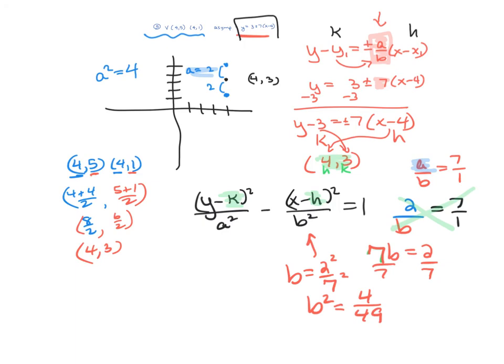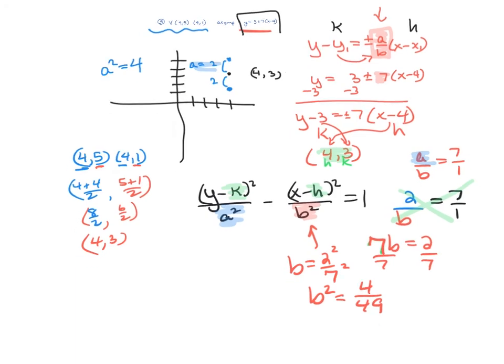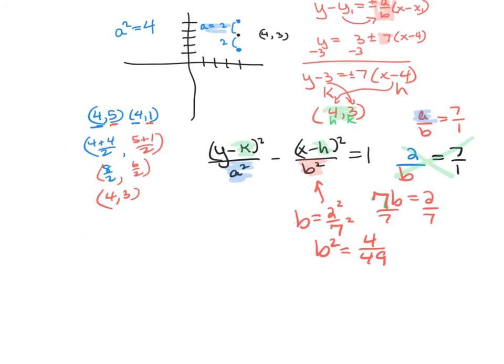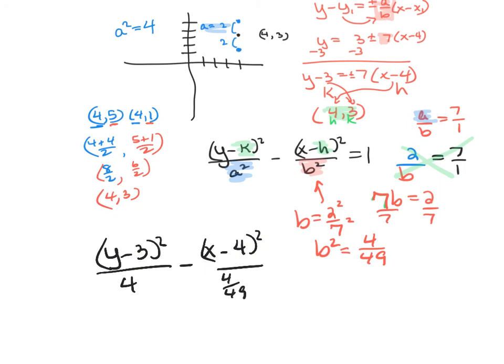Now let's go back. We're going to plug in a squared, b squared, and the h and the k. So the final answer here is y minus 3 squared over the a squared, which was 4, x minus h, which is 4, squared, and then the b squared is 4 over 49.